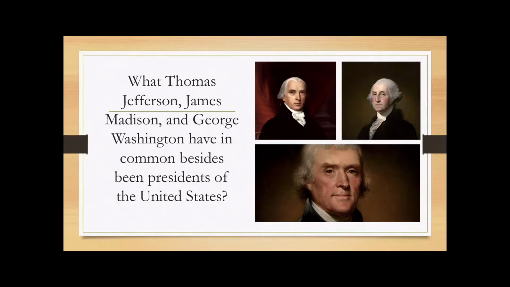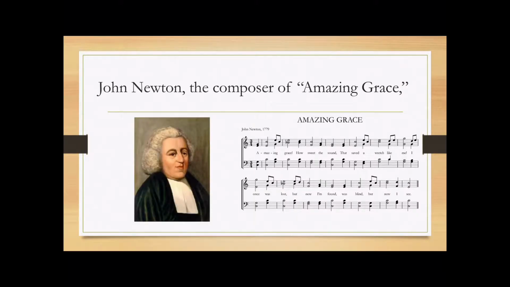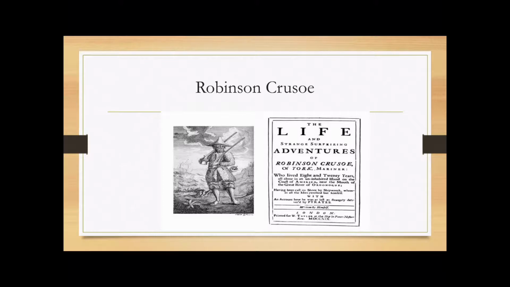Yep. Even John Newton, the composer of Amazing Grace, was captain of a slave ship in his early life. And Robinson Crusoe, the main character in Daniel Defoe's famous novel, was involved in the slave trade when his ship wrecked at sea.